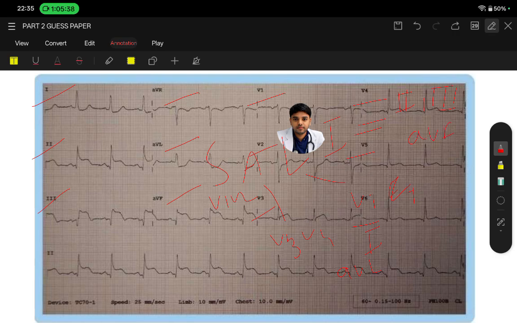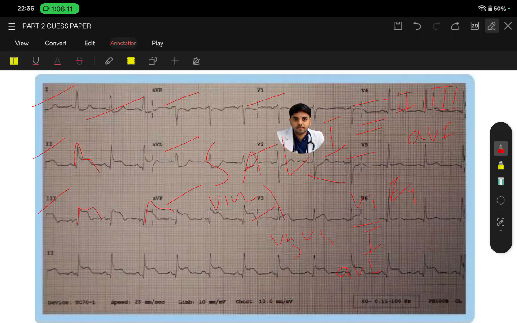Tell me where the ECG changes are. Check the first one: there is no ST elevation. Check the second one: ST elevation in the second limb lead, and in the third one also ST elevation, and AVF also has ST elevation. Got it?